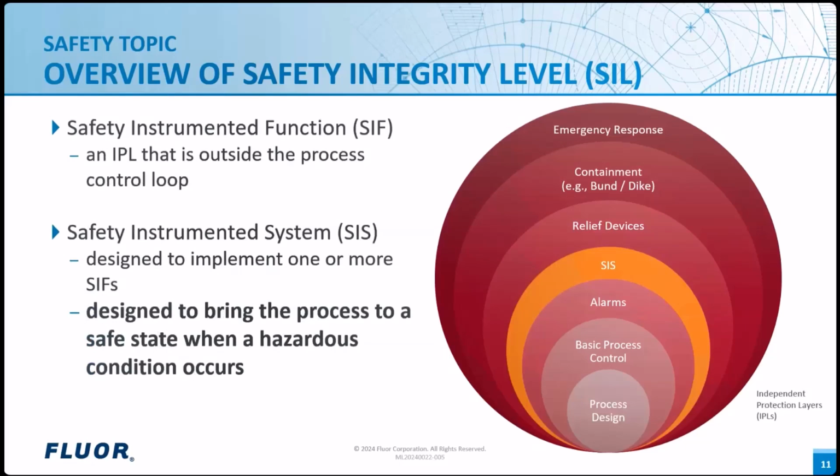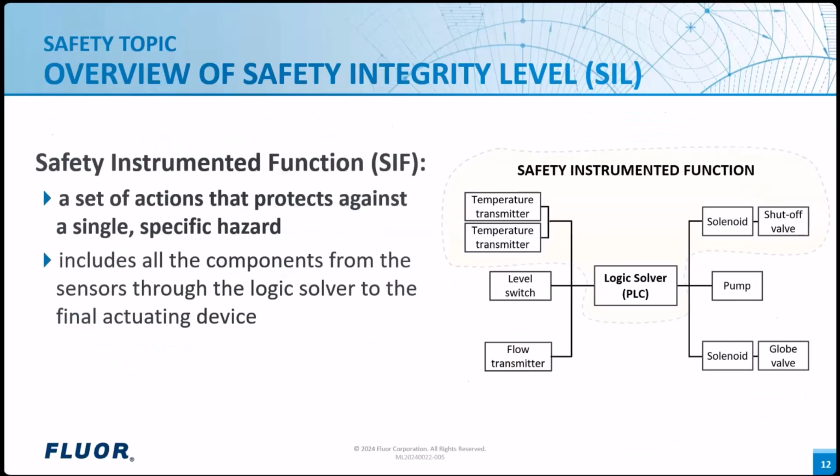A Safety Instrumented Function, or SIF, is an IPL that is independent of the process control loop. A Safety Instrumented System, or SIS, is a set of devices and software designed to implement one or more SIFs. A SIS is designed to bring the process to a safe state when a hazardous condition occurs.